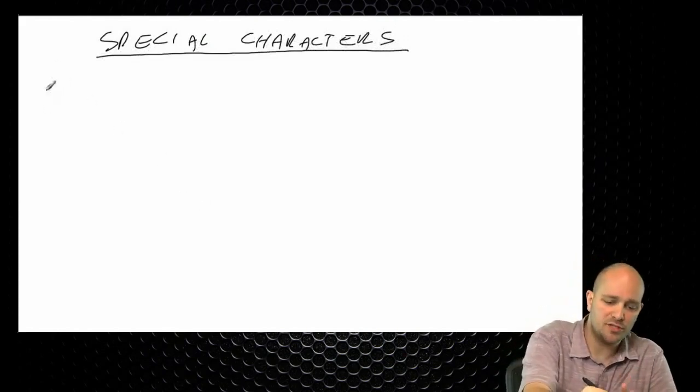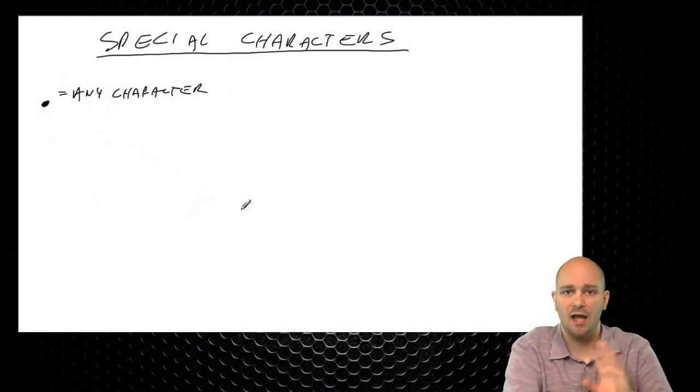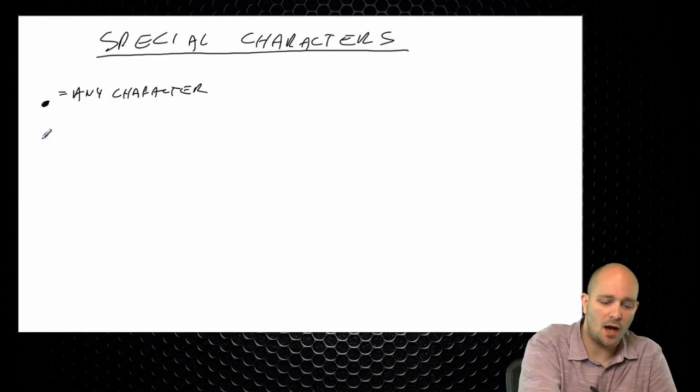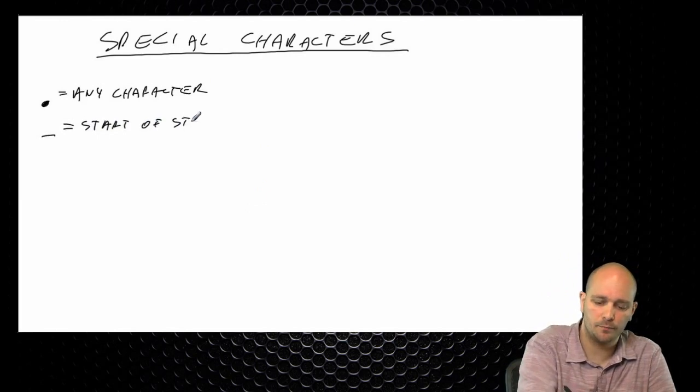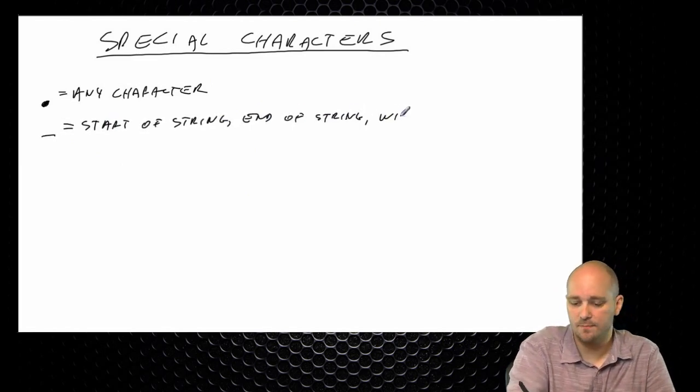The first special character that I'm going to talk about is a simple dot. This simply means any character. So dot will match any single character. Underscore will match start of line or start of string, end of string, or white space.